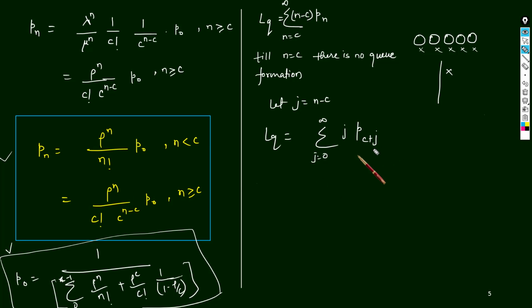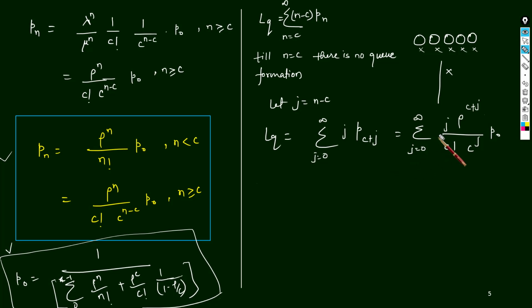We will use this term, j is equal to 0 to infinite j into rho to the power c plus j. See here, on the place of n we will write, so rho to the power c plus j divided by c factorial, and c to the power n minus c is j, so this is j, and into p naught. Okay.